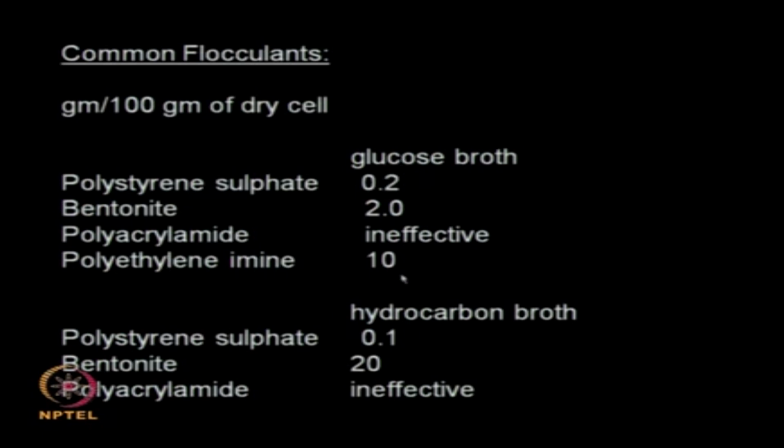This tells you the quantity of these flocculants used per 100 grams of dry cell. If it is a hydrocarbon based broth, then again you can use polystyrene sulfate, bentonite or polyacrylamide, but the quantities change depending upon the type of broth, and here polyacrylamide is not very effective whether it is a glucose broth or a hydrocarbon broth.